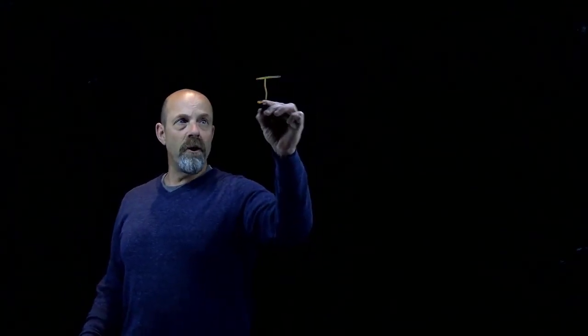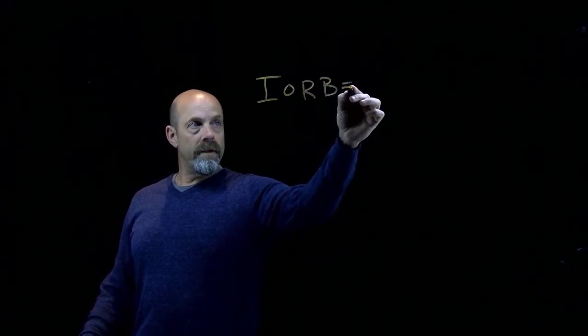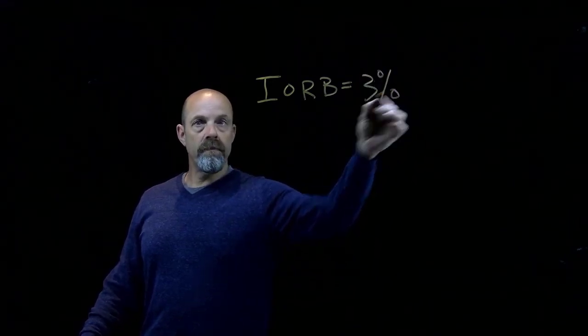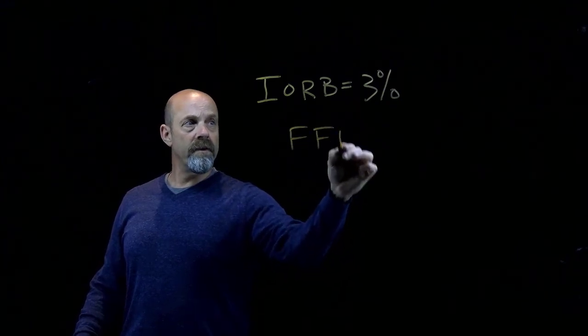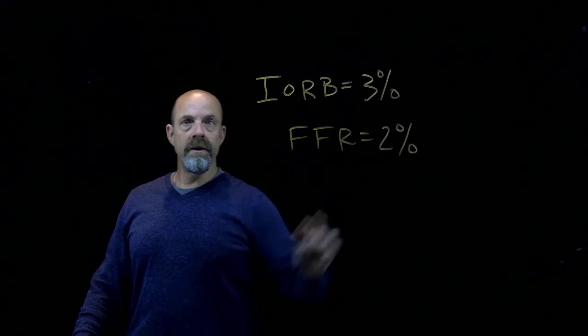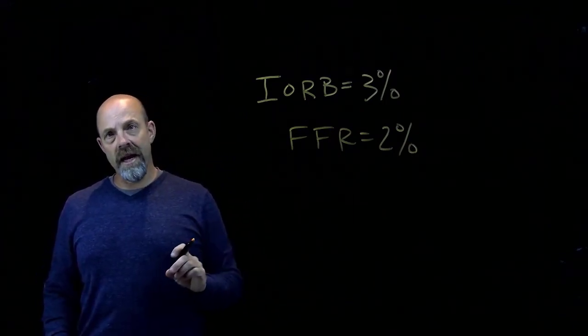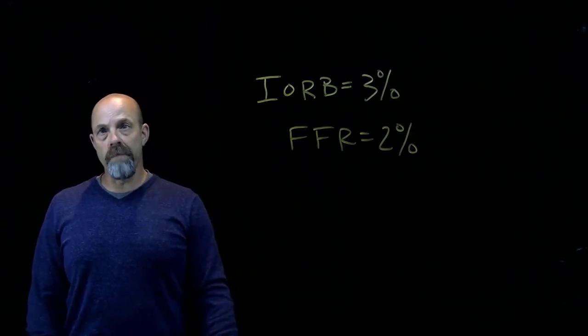So let's look at an example to explain how this works. Let's suppose that the IORB is equal to 3%. And let's say that the federal funds rate is equal to 2%. Remember, the federal funds rate is the interest rate that banks earn on overnight loans to other banks.